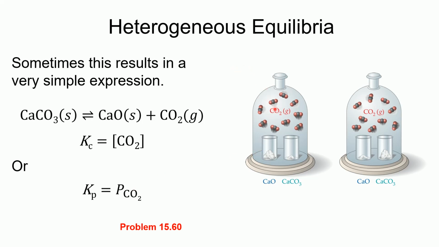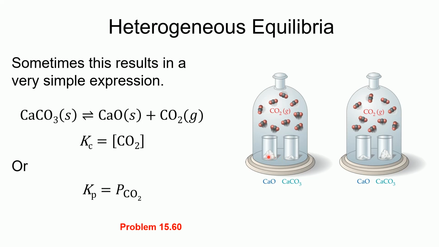Now, what this means is this allows us to do kind of a cool trick. Here we've got, in one of these bell jars, calcium oxide and calcium carbonate in these beakers, and there is some partial pressure of carbon dioxide above that flask.